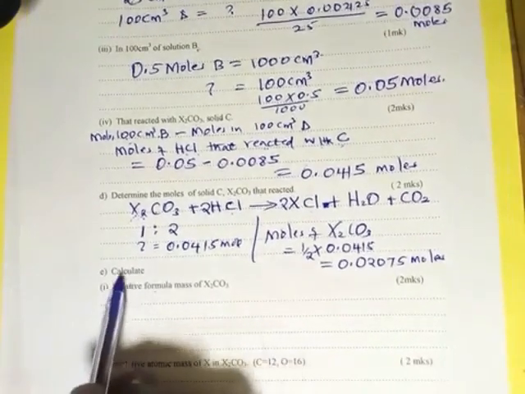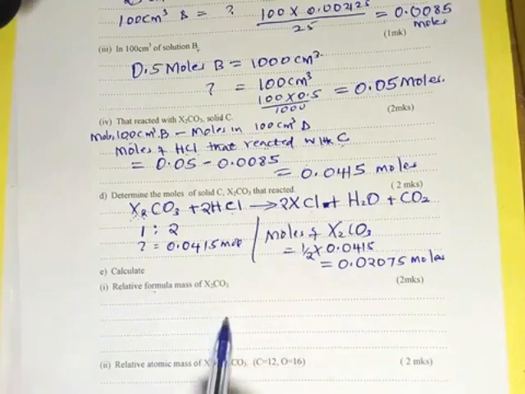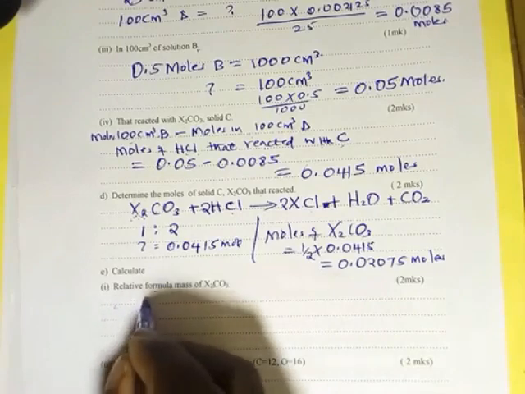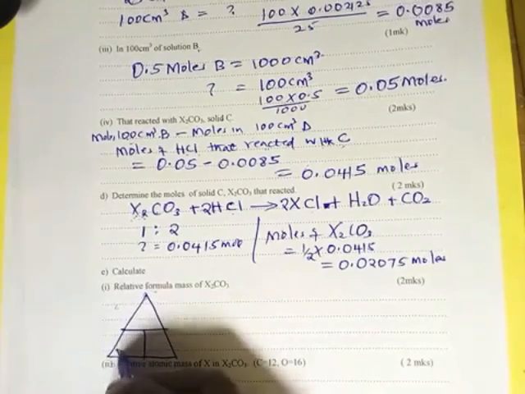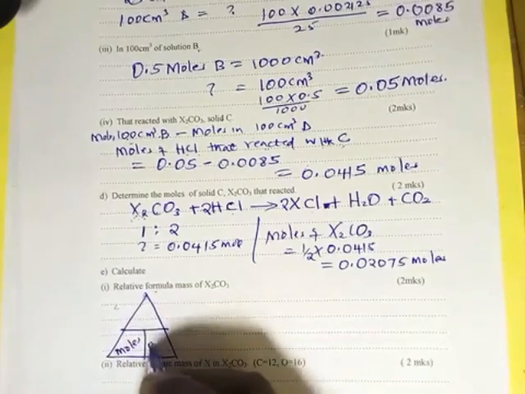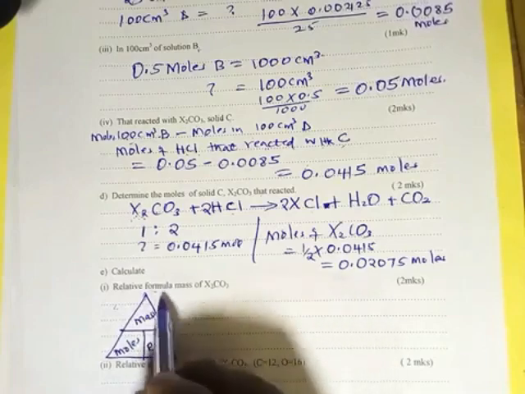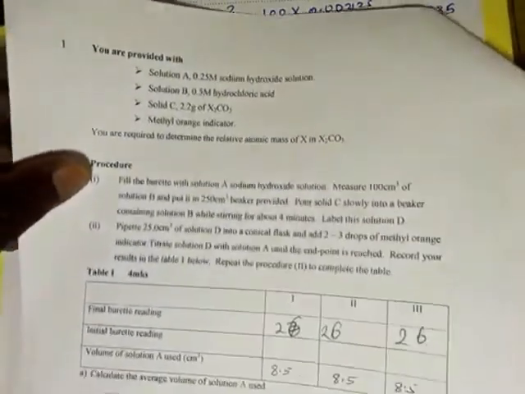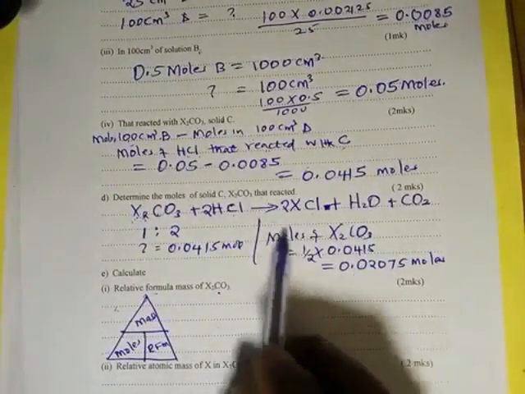So the next question is calculate the relative formula mass of the carbonate, RFM. We want to calculate the RFM. So RFM, we know we can use this triangle. We know that moles, RFM, mass. Now we have the mass of the carbonate. Remember, we were given the mass of the carbonate. The mass of the carbonate, solid C, is 2.2 grams. And we have the moles of the carbonate.